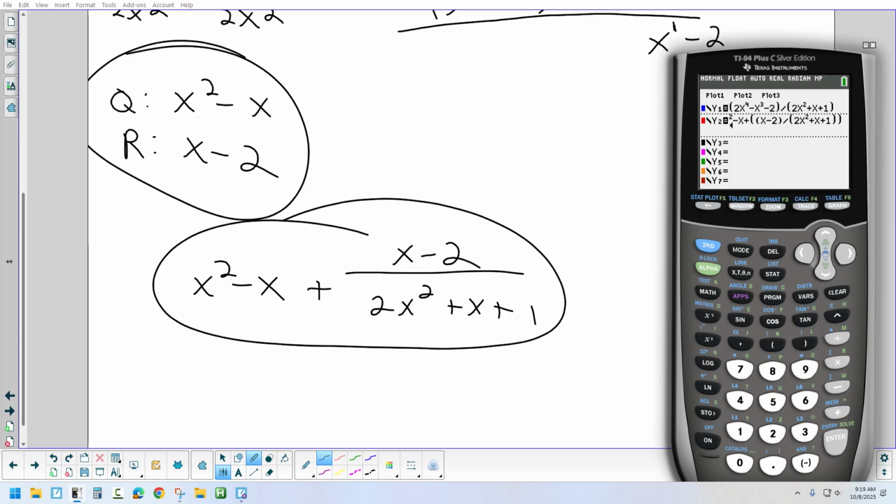Okay. If we did this right, then those two should look identical. This is the question. This was the answer I got. Let's do zoom 6 and see if they look exactly the same.